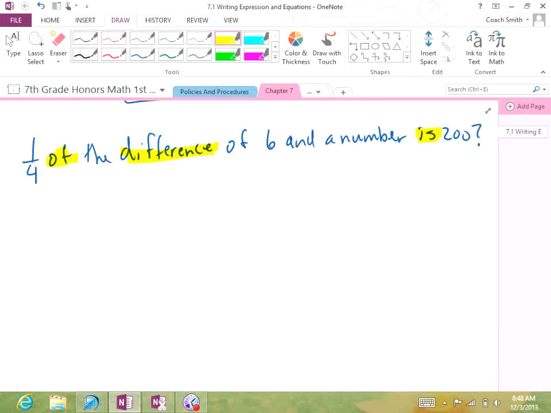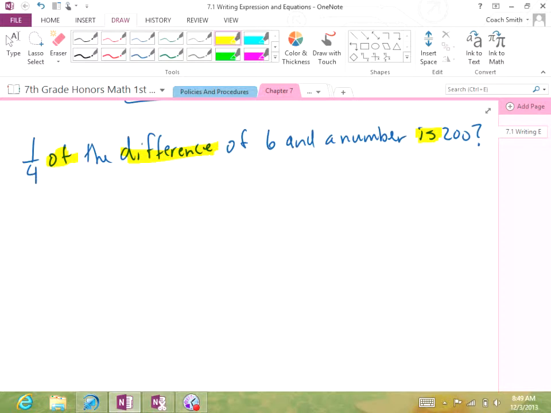Now, here's where people make their mistakes. It says 1/4 of the difference. The difference. It doesn't say 1/4 of 6. It says 1/4 of the difference.